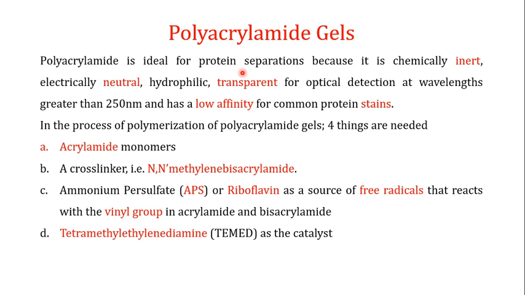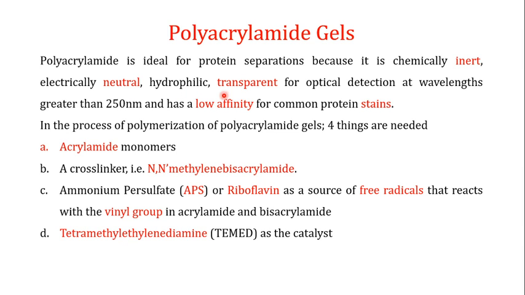Now this polyacrylamide is very ideal for protein separation because it is chemically inert. One of the greatest properties of the polyacrylamide gel is that it is chemically inert, so it is not going to interact in any way with your proteins. It is electrically neutral, so it does not affect the movement of the proteins when you apply the electric charges.